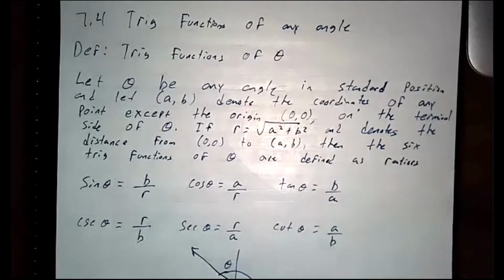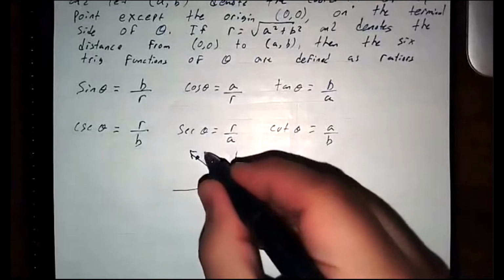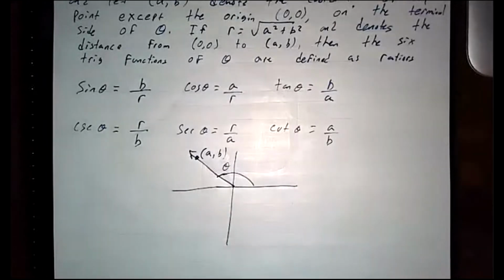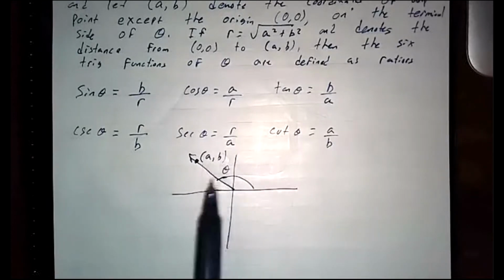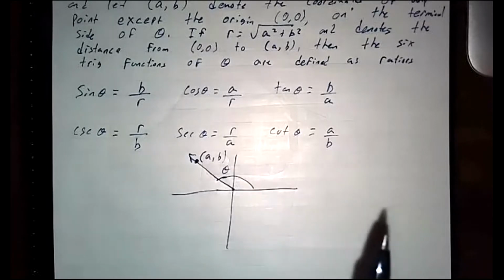Over here, we have some point (a, b). That's what these a's and b's are referring to, okay? And how far I went out, how big is the circle, is R.